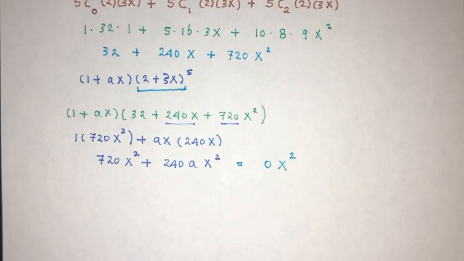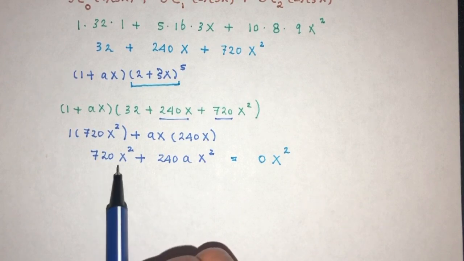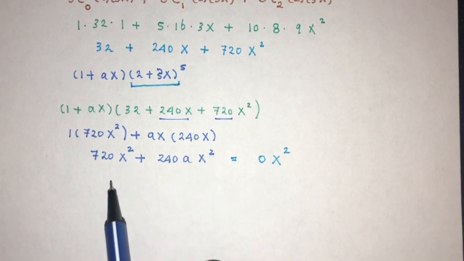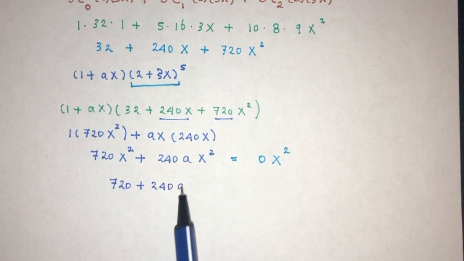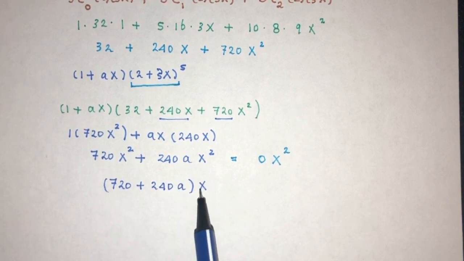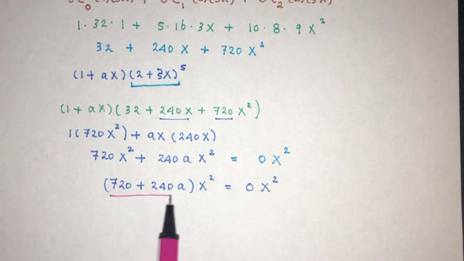So now we just have to compare the coefficients. For example, here I can just factorize x squared outside. You will have 720 plus 240a, factorize x squared, has to be 0x squared. So now we just have to compare this and this.